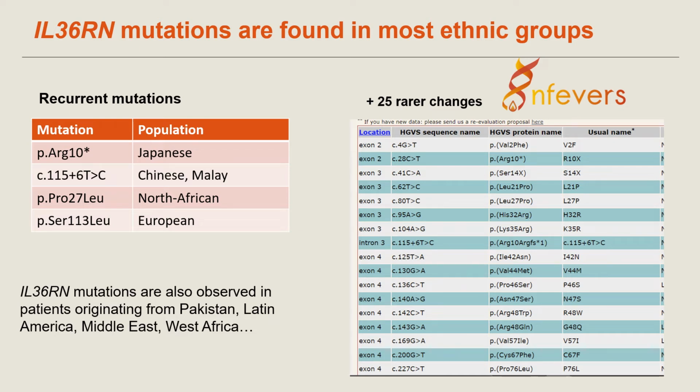The problem with these rarer alleles is that when you have a nucleotide change that is seen in just a couple of patients, or in some cases even in just one, it can sometimes be challenging to determine whether this is a benign polymorphism or a mutation.